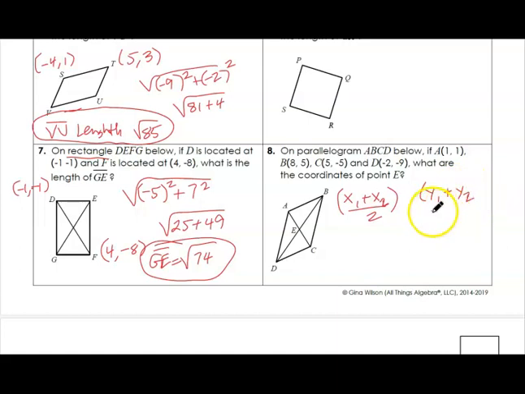Add the two y's together and divide by 2, and that will get you the ordered pair of the midpoint, which is going to be required on number 8. All right, that takes care of our notes for lesson 6.5, and if you have any questions, let me know.